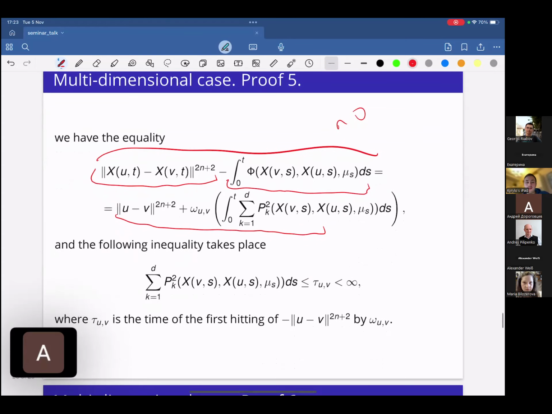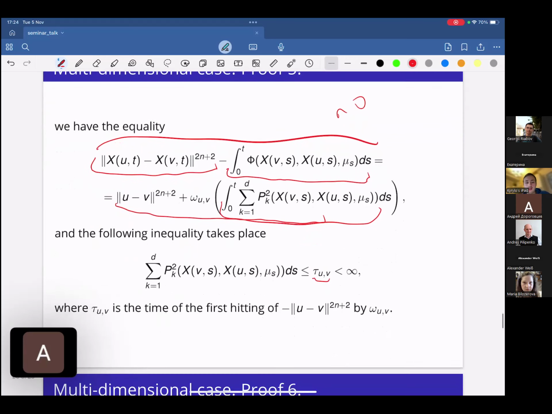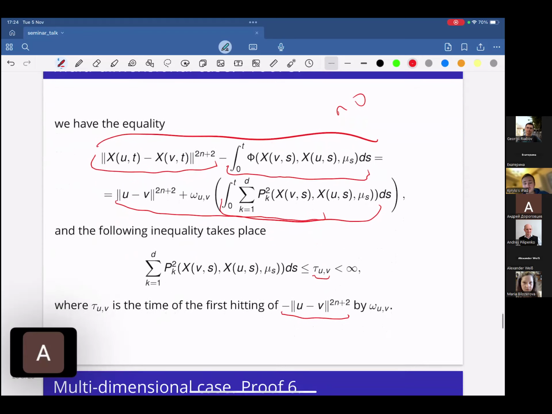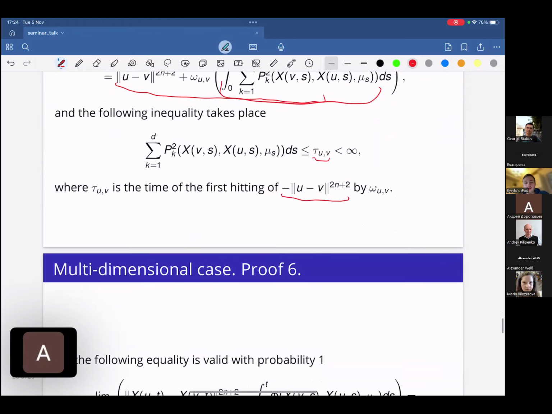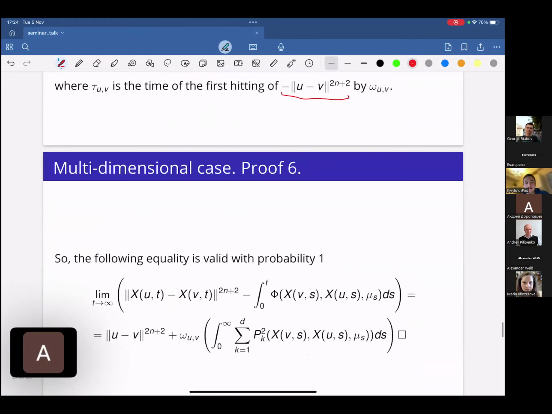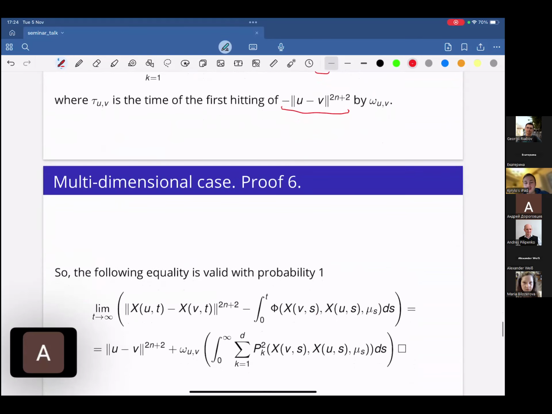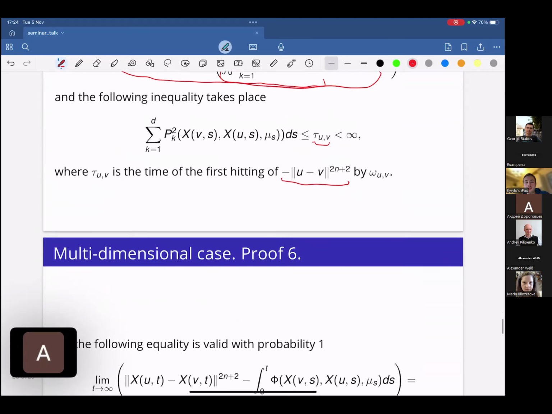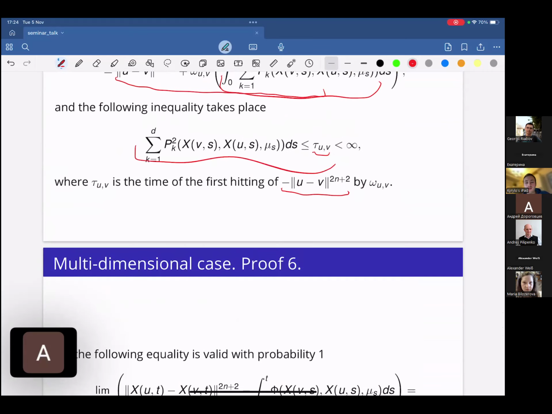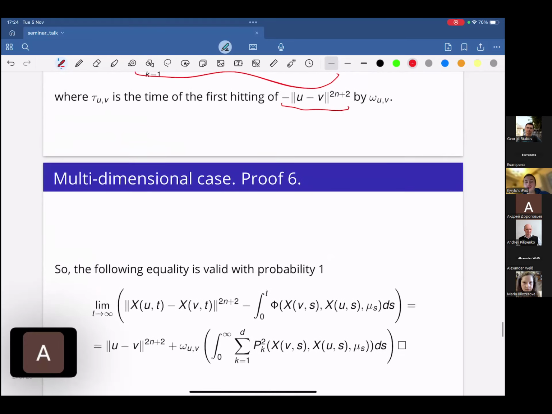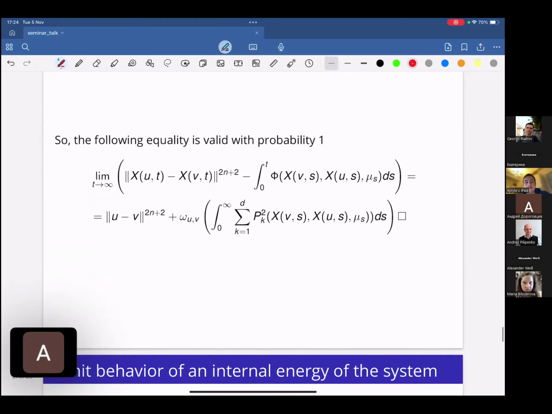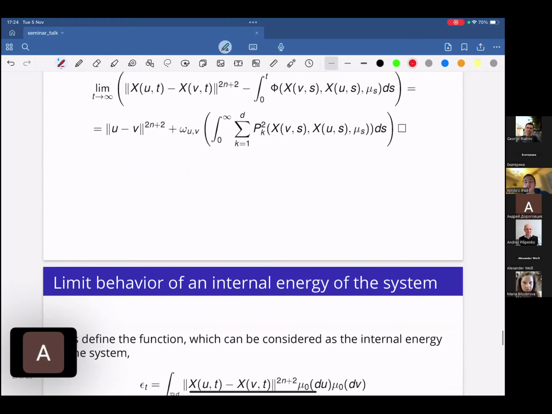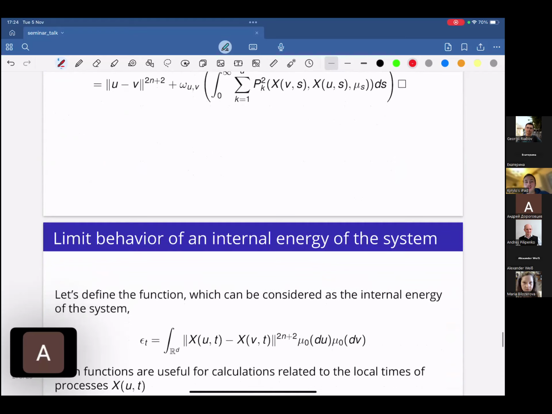So we again can restrict this random time with some tau uv, and tau uv is the time of first hitting of such a difference. And we again can say that the whole limit exists because this time is restricted, and Brownian motion is point recurrent. And this is the final step in the proof of the theorem.